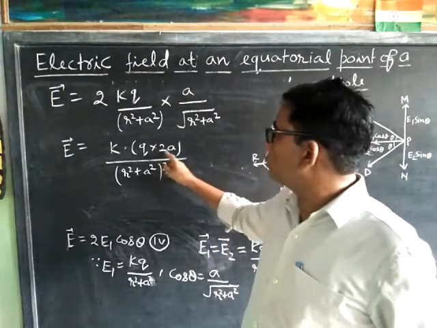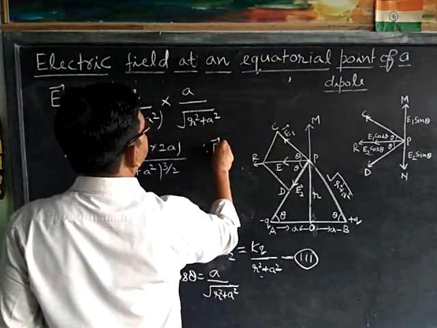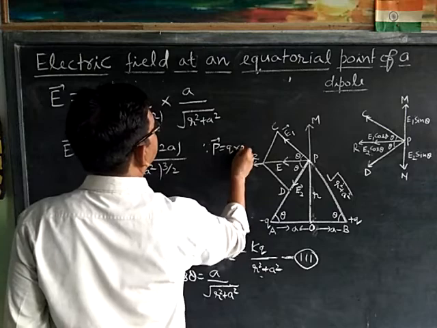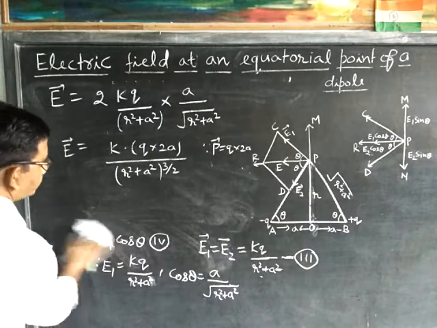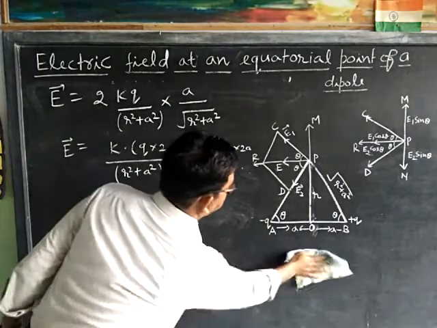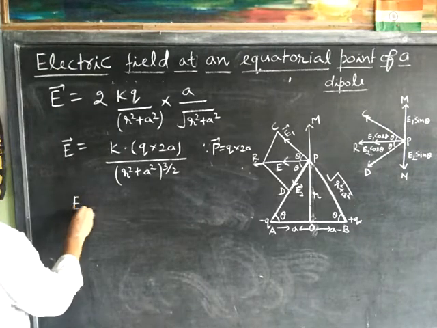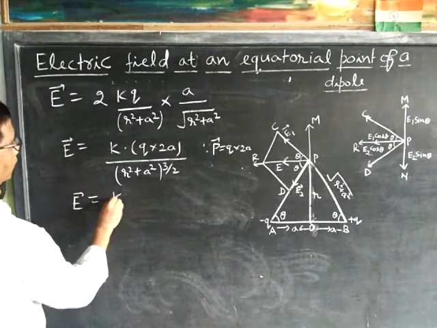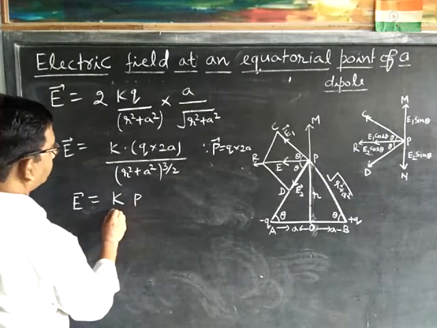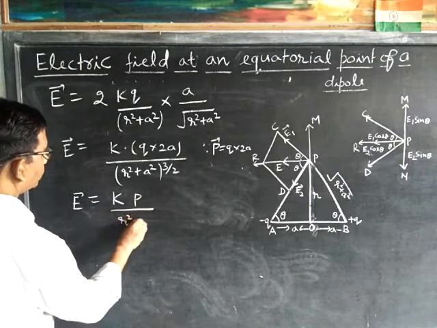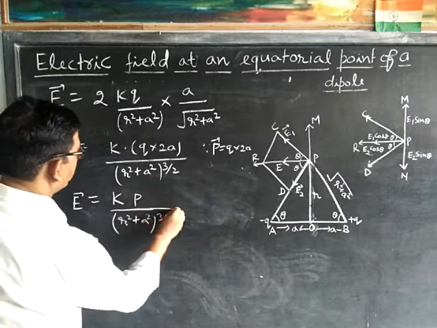Therefore in place of Q into 2A, since P is equal to Q into 2A, we can write E is equal to K P upon R square plus A square power 3 by 2.